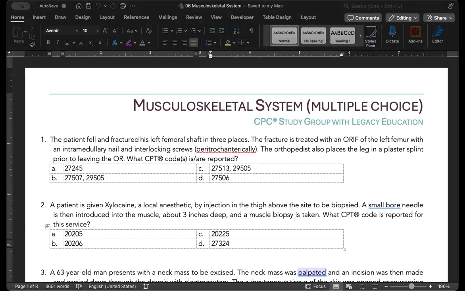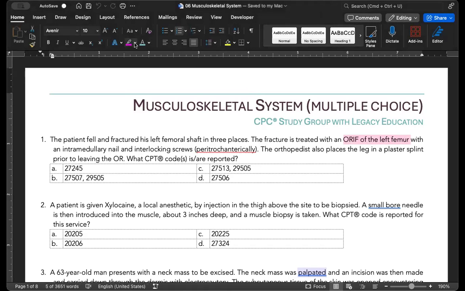So let's go to main term fracture. What anatomic location are we going to look at for the fracture treatment? The femur. Yep, absolutely. So we have the femur.